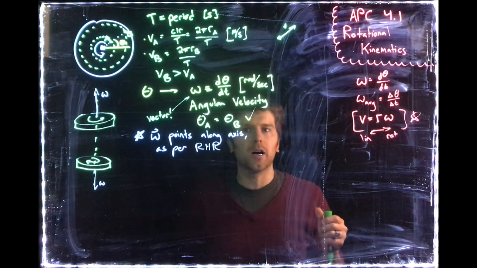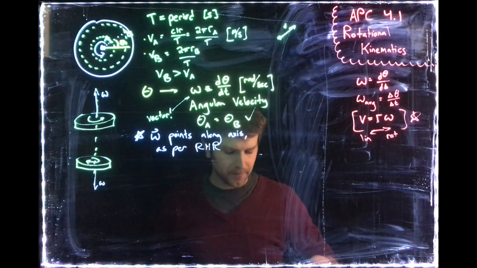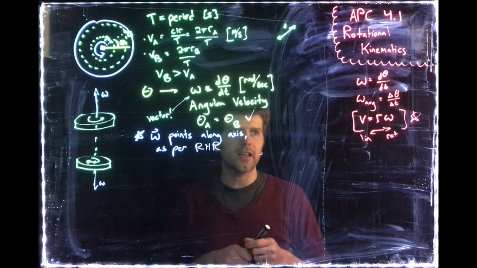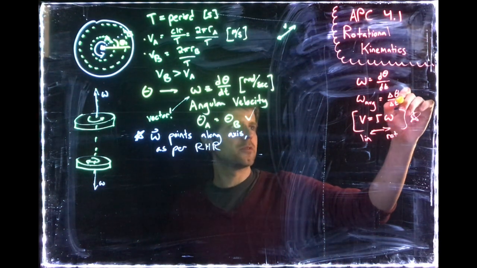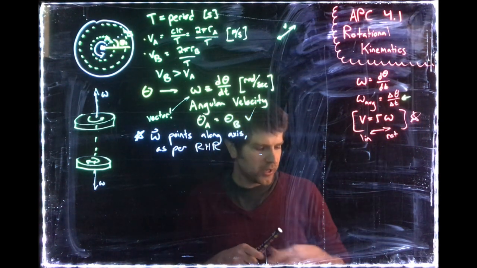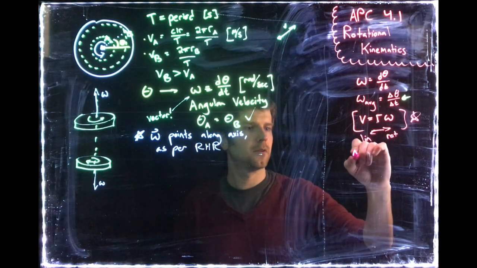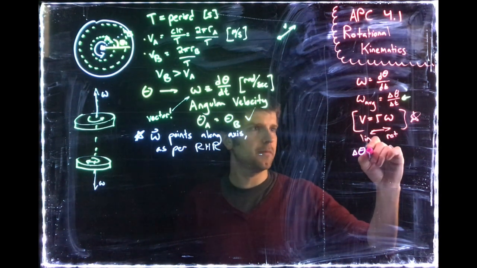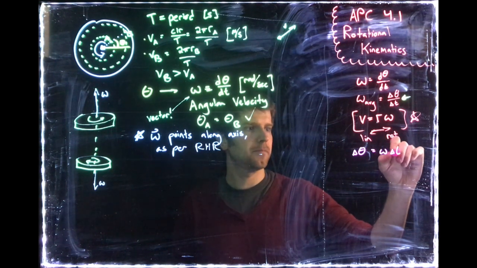We can also notice that if we've got some angular velocity, we can turn this into a kinematics equation. We can think about it in terms of change in angle over change in time, and just rearrange this. That change in theta is going to be omega delta t.